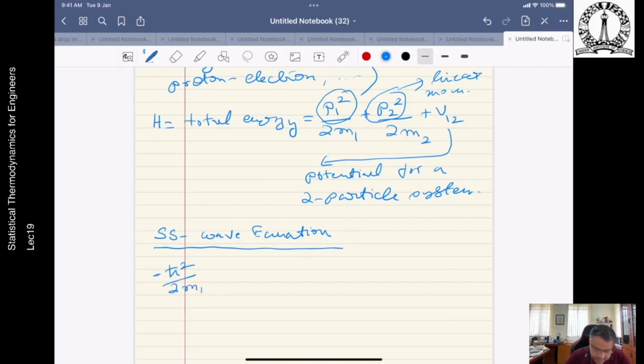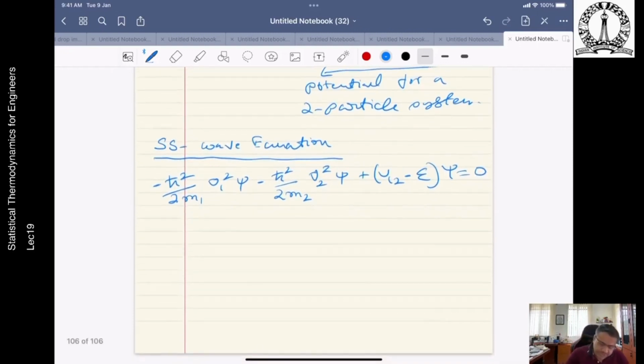Minus h bar squared by 2 m1 del 1 squared, minus h bar squared by 2 m2 del 2 squared, where m2 can be equal to m1 also depending on the particle system you are dealing with, plus V12, minus E, equal to 0. V12, as we said, is the potential for a two-particle system. So this is the steady state version of the wave equation.